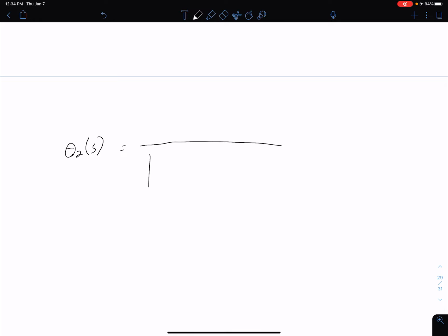So our coefficient matrix is s squared plus s plus 1, minus s plus 1, minus s plus 1, 2s plus 2, with the determinant of that in the denominator. In the numerator, we take that coefficient matrix, but because we're looking for theta 2, we substitute the second column with our constant matrix. So this becomes T of s and 0.